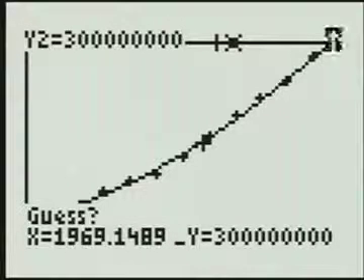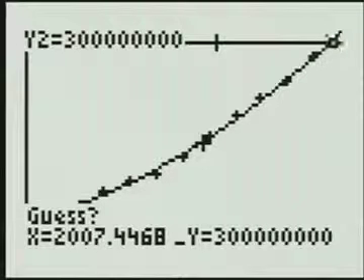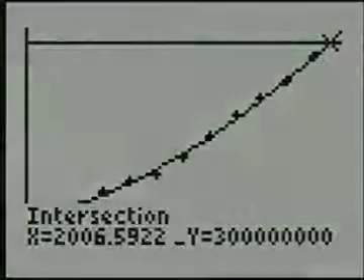Then go ahead and enter a guess. I just moved the cursor near the point of intersection to get a better first guess. Hit enter, and we have sometime after the year 2006, in 2007, we're going to reach a population of 300 million in the United States.